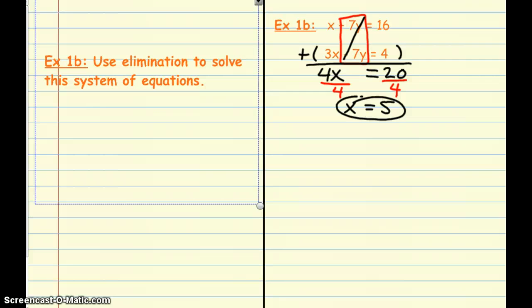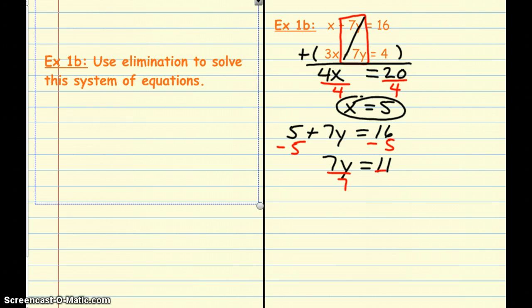Okay, just like before, we need to take this 5 and put it in place of x in one of our equations. I'm going to put it in the first one. So we have 5 plus 7y equals 16. And then we need to subtract 5. And we get 7y equals 11. And the last step is to divide by 7.